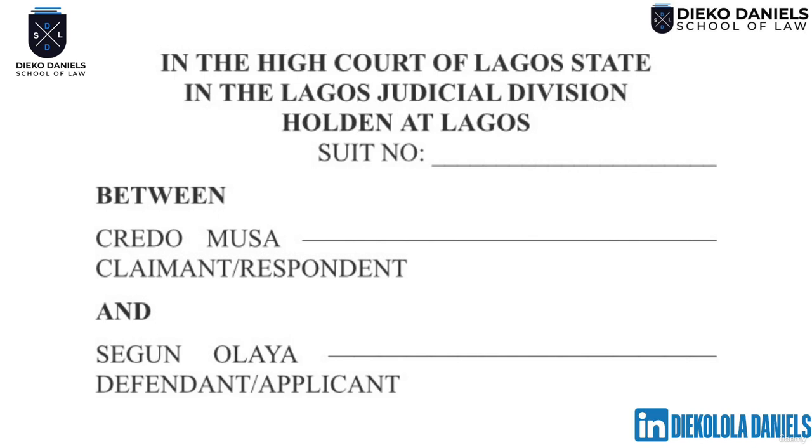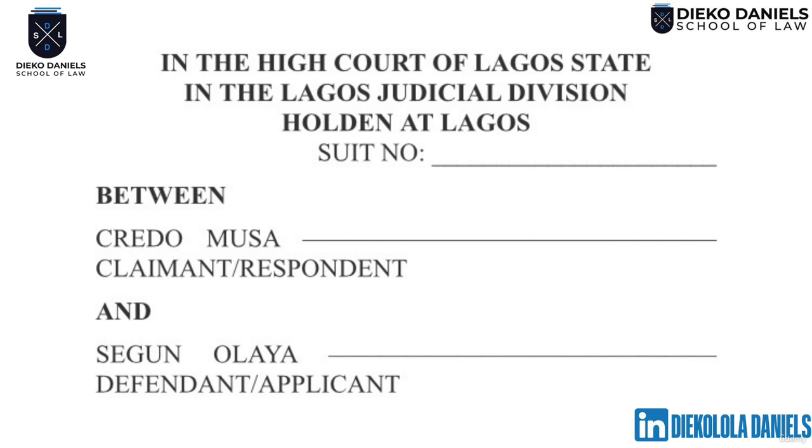Now, after that, we have suit number. Suit number is non-negotiable for law school and even for practice and even for our course in context. You need to have your suit number.